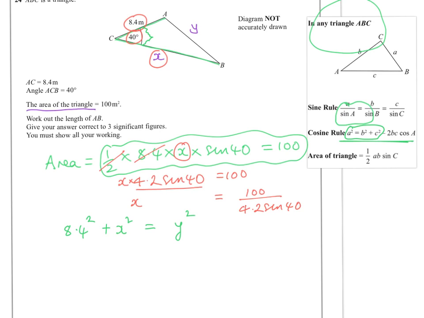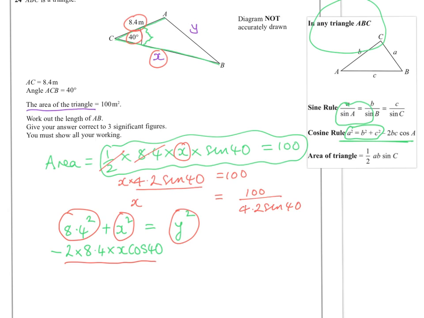But in this situation it's not a right angle, of course, so what we would need to do is take away 2 times 8.4 times x cos the angle. So that's how I remember the cosine rule anyway. I always think of Pythagoras with a correcting factor, which is always made up of the arms that make the angle in question.